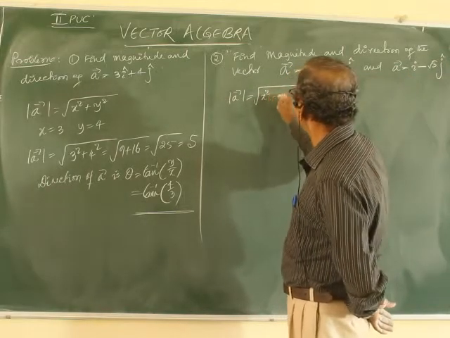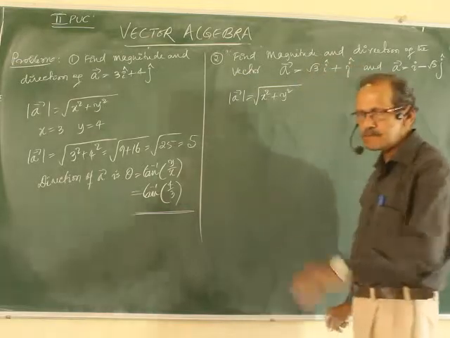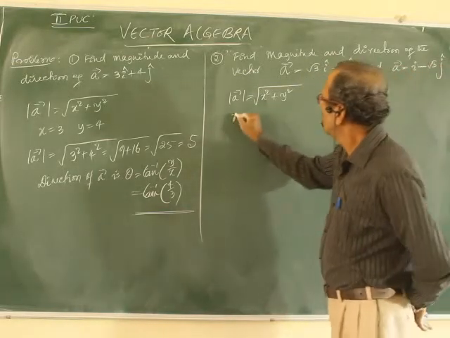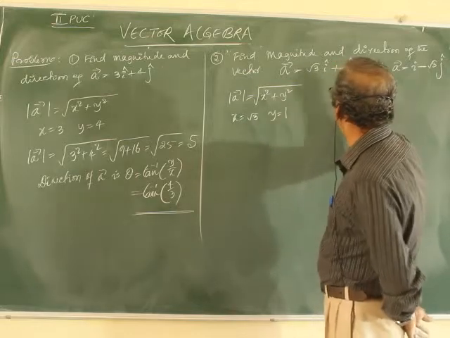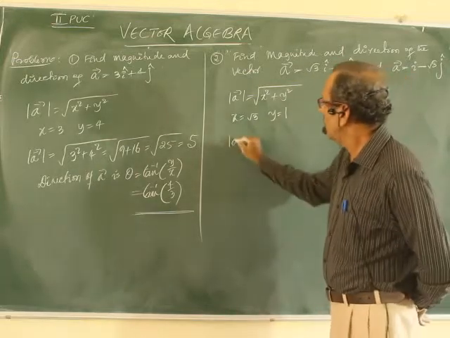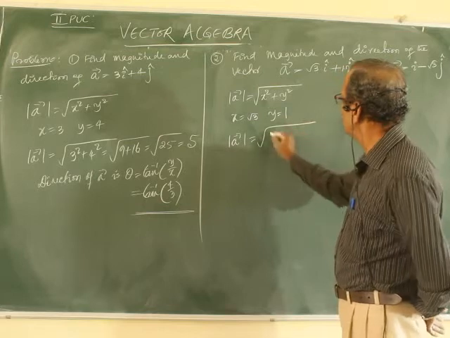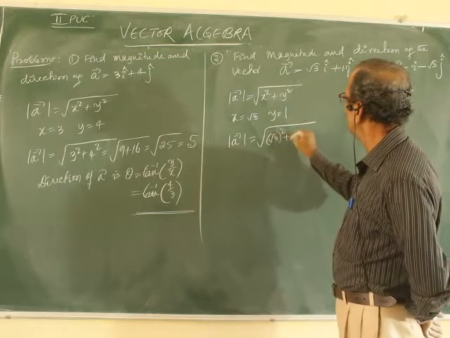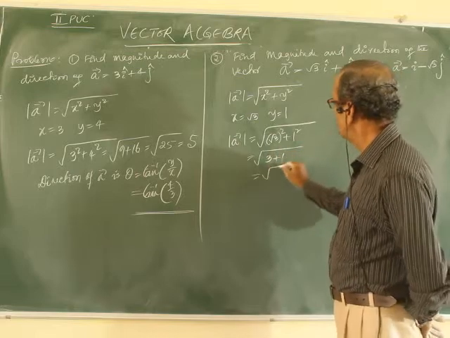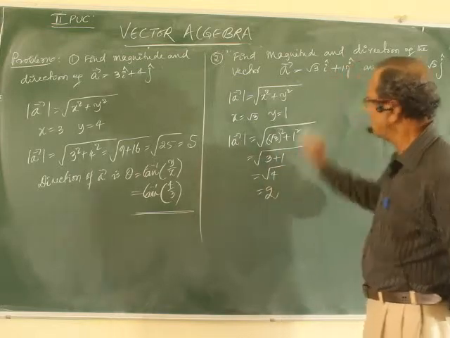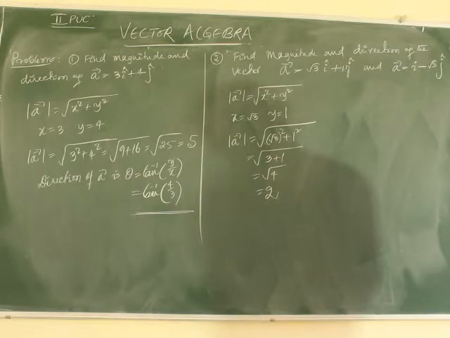Mod A equal to root of x square plus y square. X is root 3, y is 1. Mod A equal to root of root 3 whole square plus 1 square. 3 plus 1, root 4. Magnitude is 2.